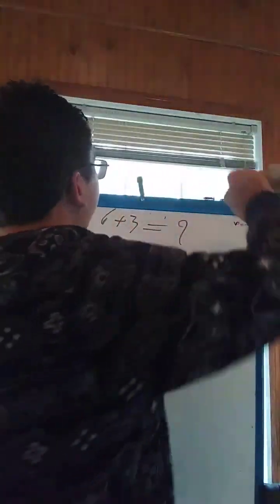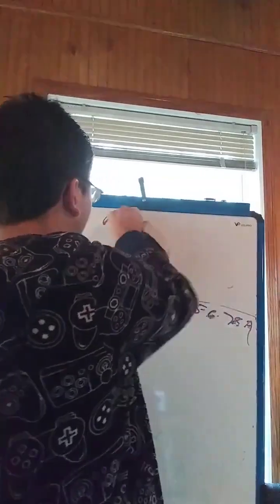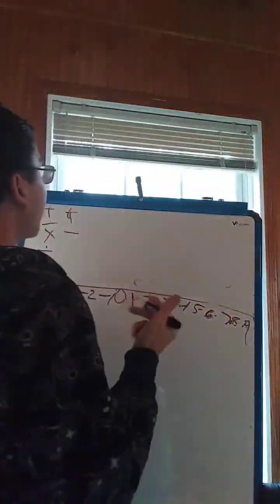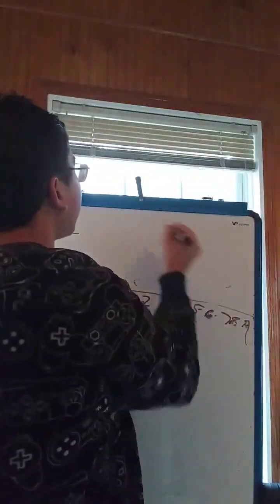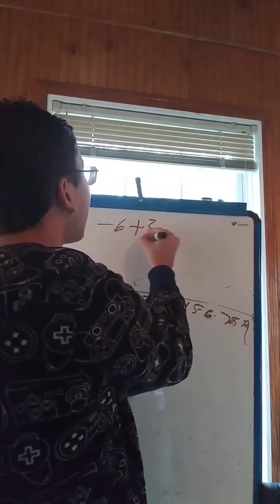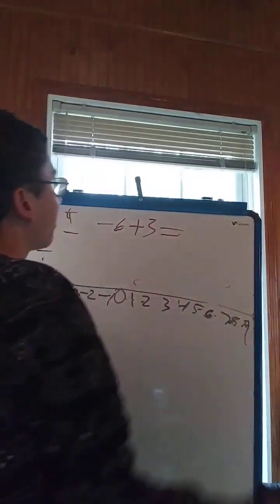Now, opposite, inverse comes opposite. Let's do that same problem again. So negative 6 plus 3 equals.